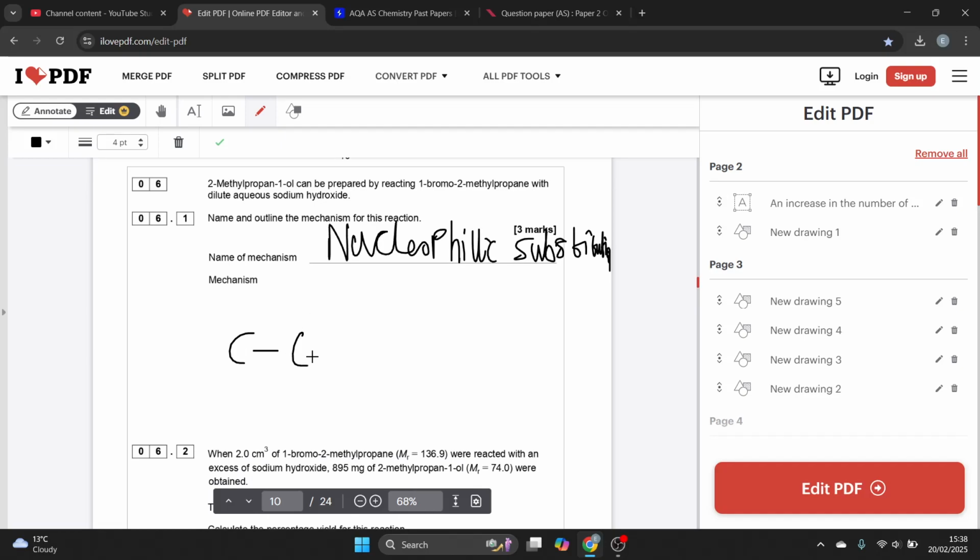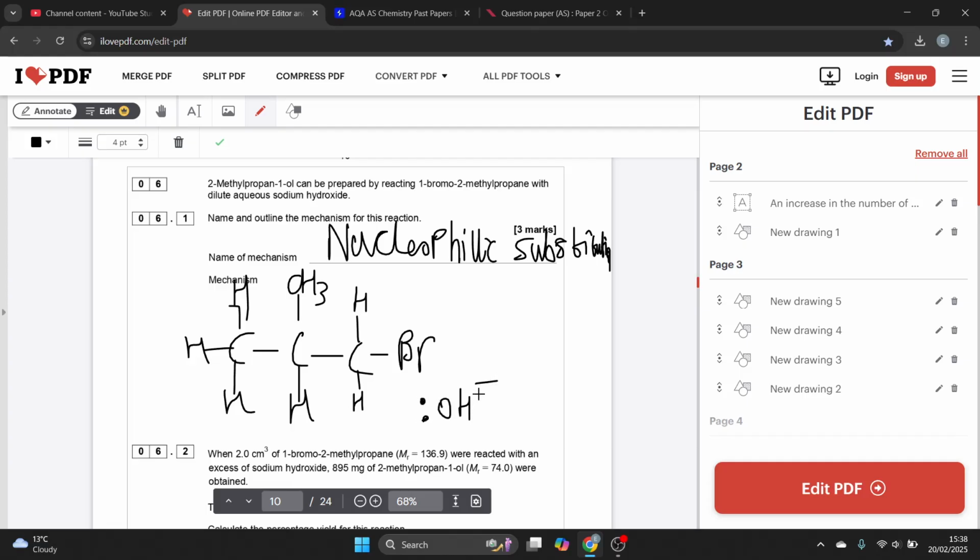Well, methane, ethane, propane. I've got 1-bromo-2-methylpropane, and it's just going to be nucleophilic substitution. So the lone pair of electrons on OH minus, partially positive, partially negative, attacks the partially positive carbon, the C-Br bond breaks, and then yeah, that's all you need to show.